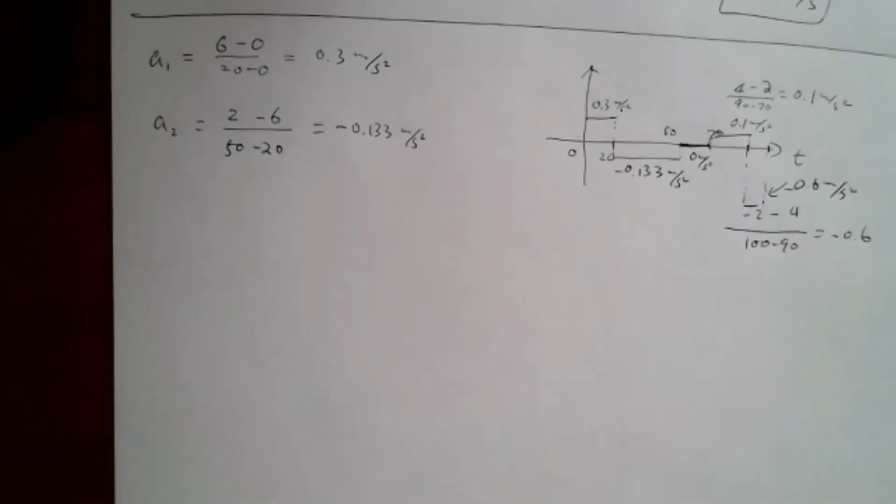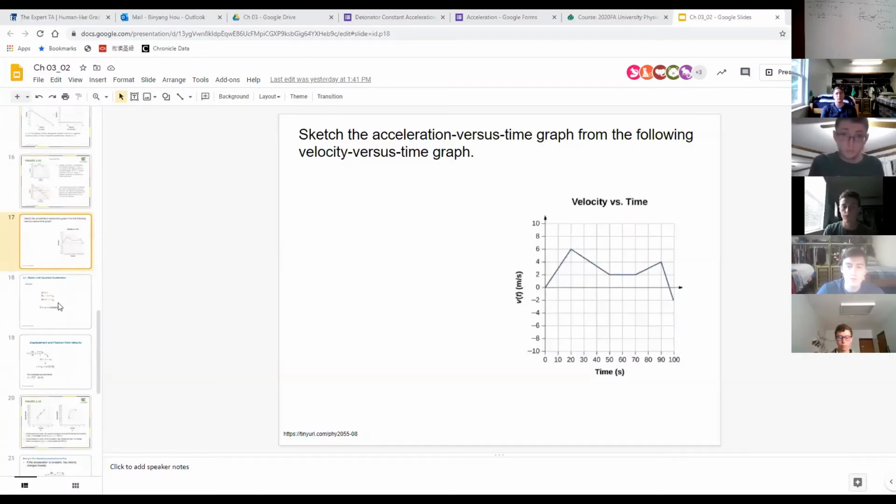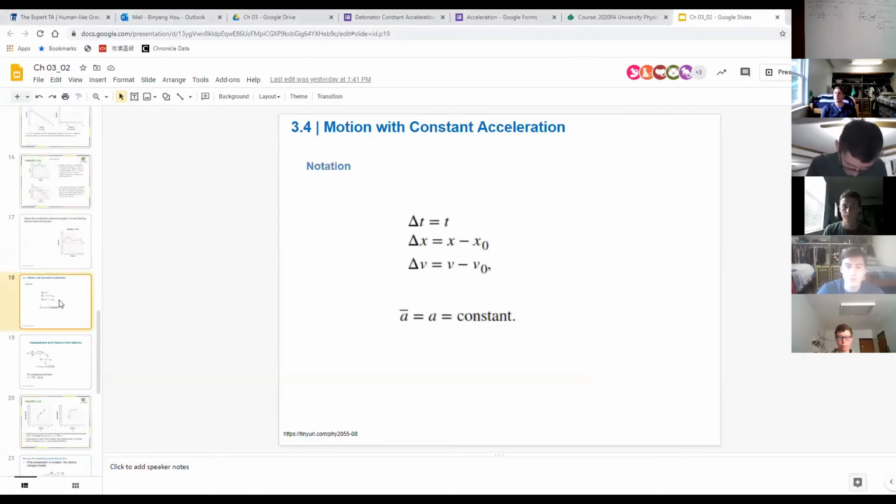All right, let's move on. We have checked position or displacement, velocity, and acceleration. These are the quantities you can use to describe the motion of an object.